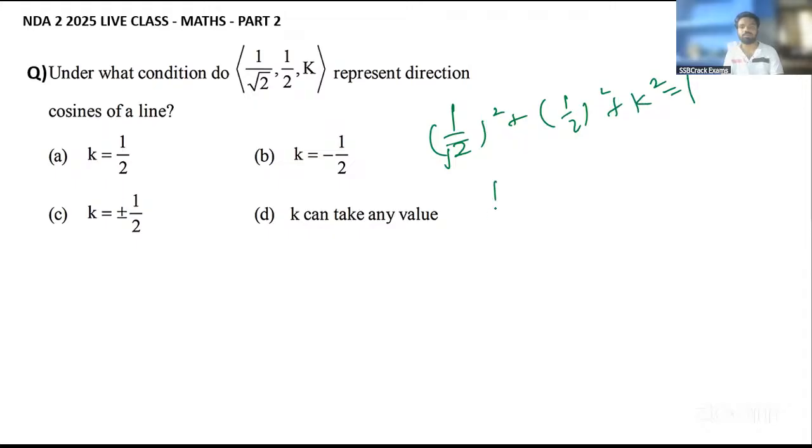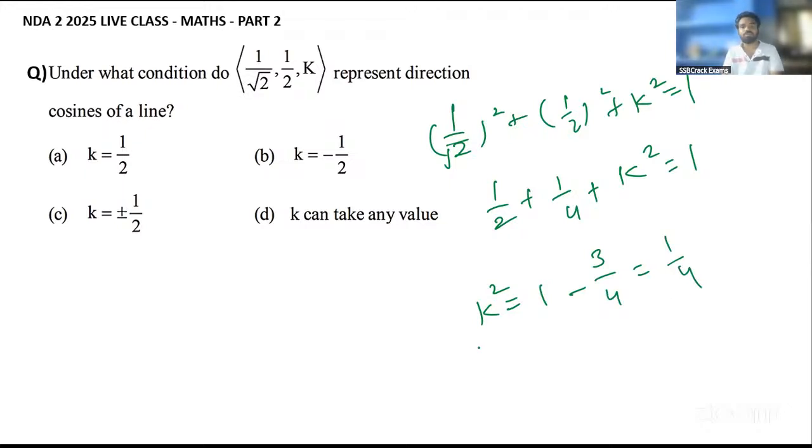You can see it will be 1 upon 2, it will be 1 upon 4, and then k square. So k square will be nothing but 1 minus 3 by 4. So it is again 1 by 4. So k is coming out to be plus minus 1 by 2.